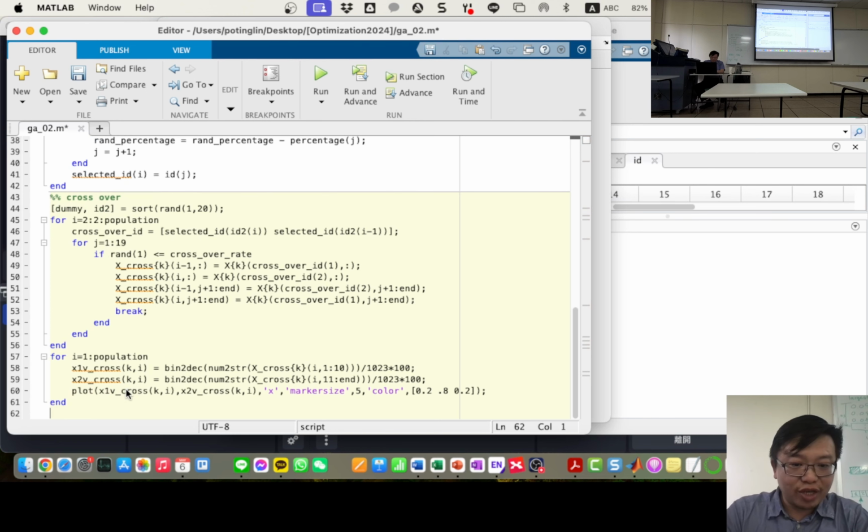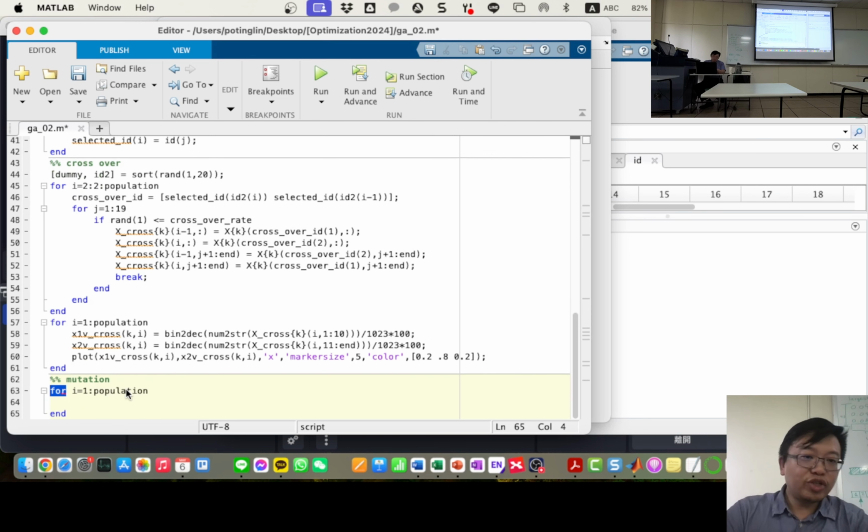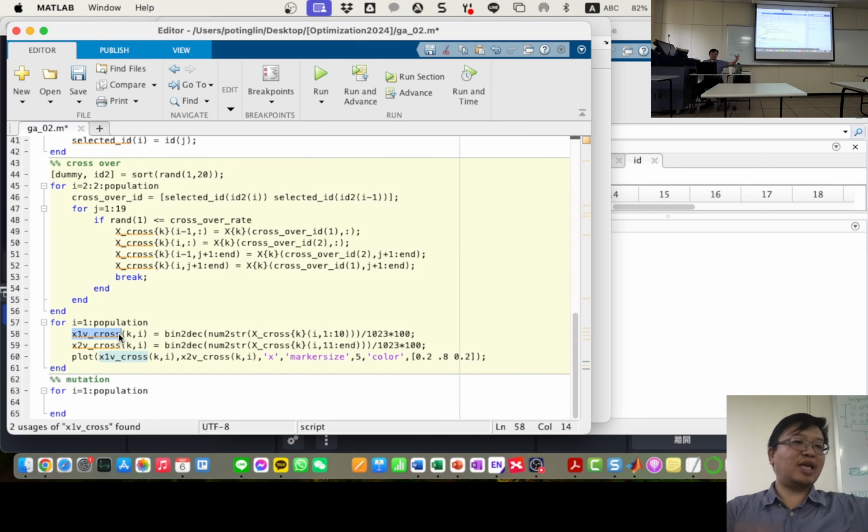Now we perform mutation. Mutation is easier to program. So we just directly mutate on top of the chromosomes that were crossed over.